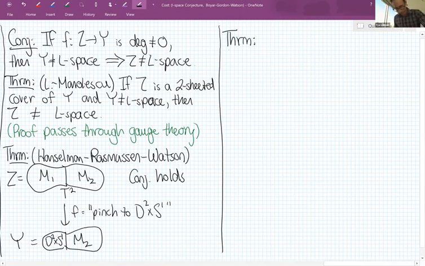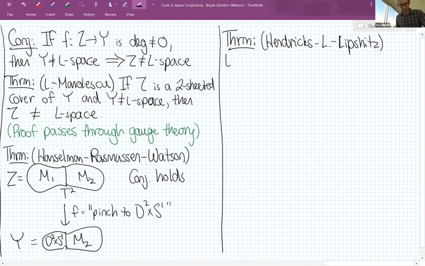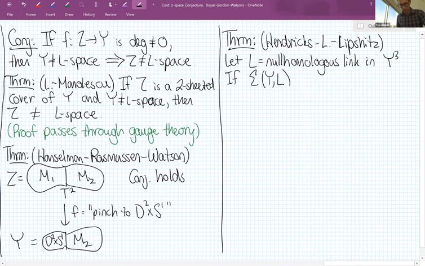So I'll state this theorem, again, this is joint work with Kristen Hendricks and Robert Lipschitz, which says that, let's say we have L, which is a null-homologous link in some three-manifold Y. And let's suppose that the branched double cover of Y along L is a rational homology sphere.